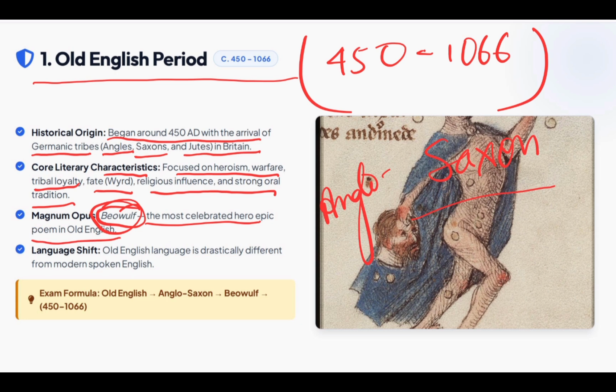Important characteristics are heroism, warfare, loyalty, faith, religious influence, and oral tradition. The language of this period is very different from the English that we speak today. The period ends traditionally in 1066 with the Norman Conquest. This is very important for your exam: the Norman Conquest.